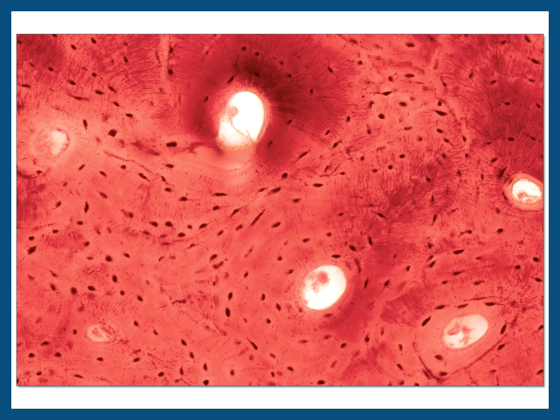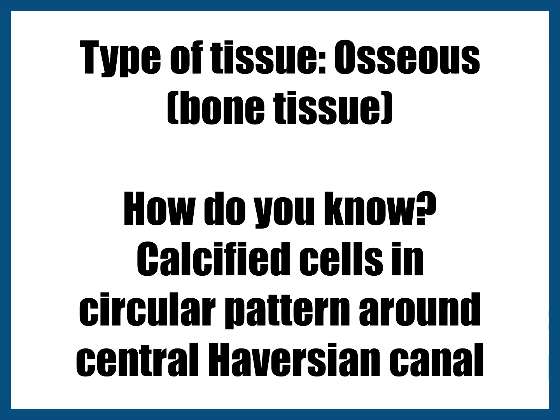Okay, pause the video if you need to spend more time identifying this tissue, but this is osseous or bone tissue, and you can see that central canal in the middle with the concentric rings called lamellae around them and the little osteocytes that are trapped in lacuna.